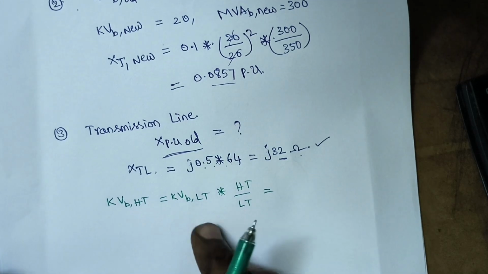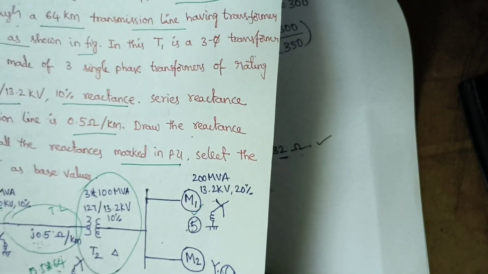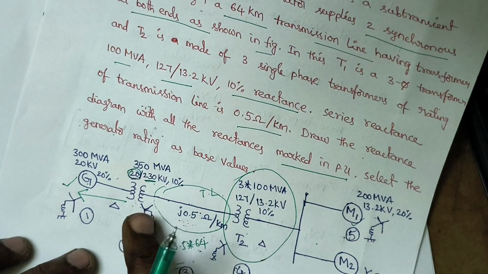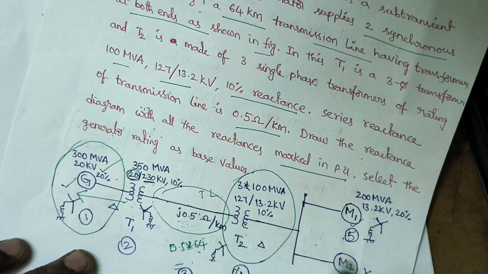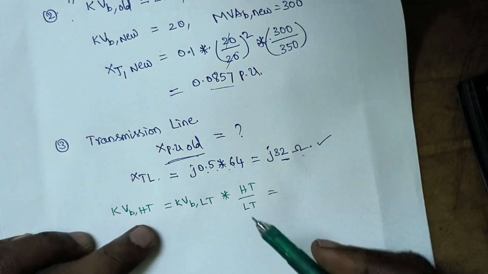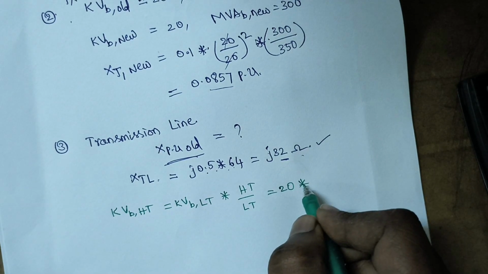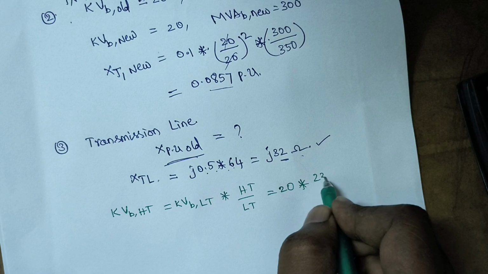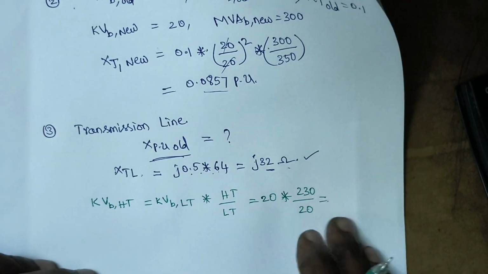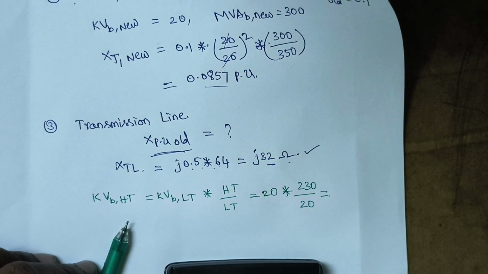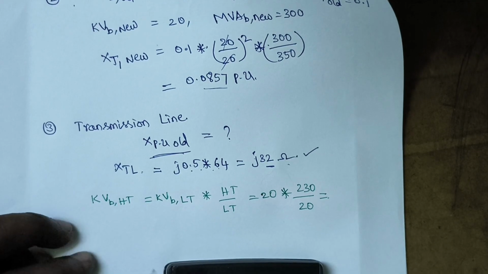Now what is the KVB on the LT side? On the LT side, the base value kV base is 20 kV only. So I take the same 20, multiplied by the HT rating of the transformer, 230, over the LT rating, 20. Calculating 20 into 230 by 20, I get 230 only.